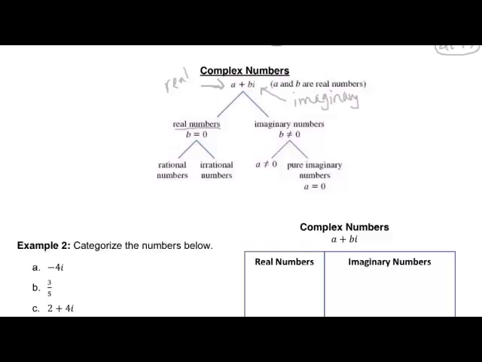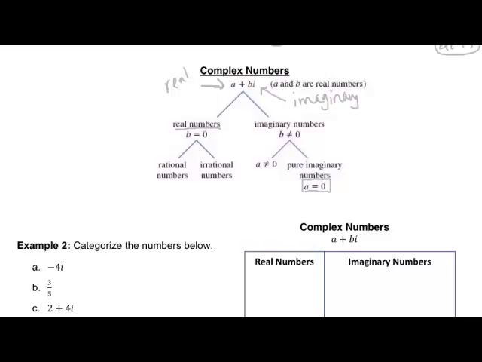Real numbers we know can be broken down into rational numbers, which can be written as fractions and decimals, and irrational numbers which we know cannot be written as fractions, and their decimals don't repeat and they don't end. So again, real numbers can be broken down into rational and irrational. In the same way, imaginary numbers can be broken down into imaginary numbers and pure imaginary numbers. And pure imaginary numbers are when a equals 0. So basically we're missing that real number part, and it's only an imaginary part.